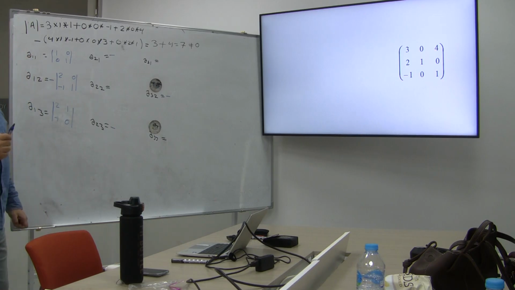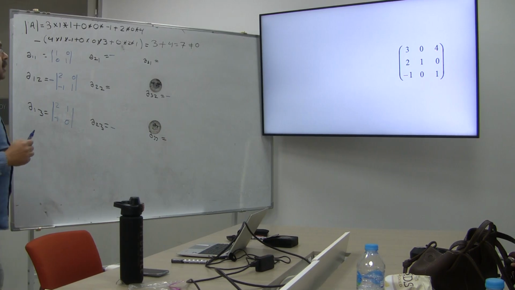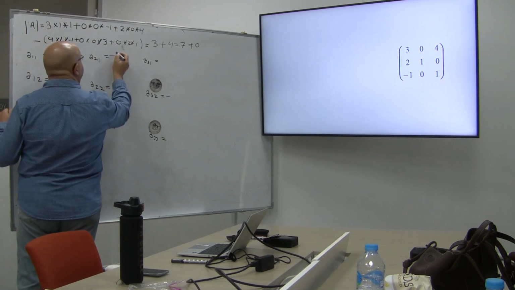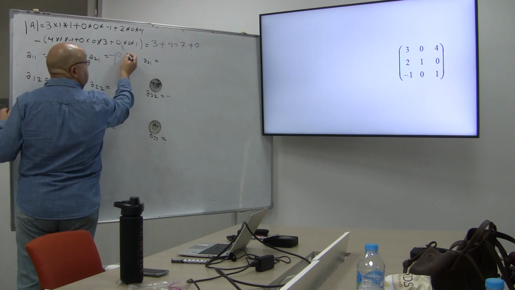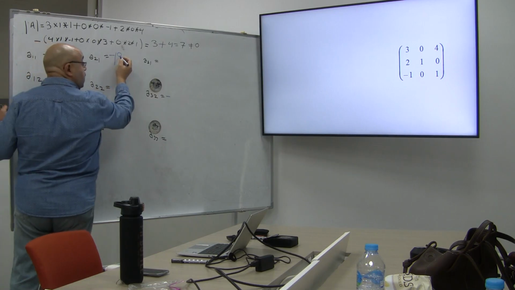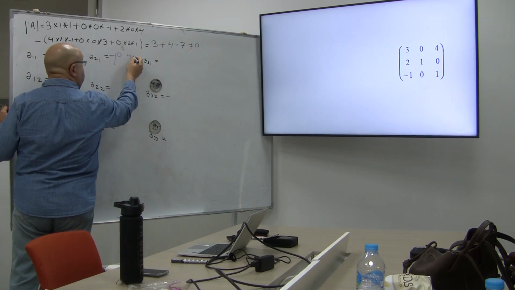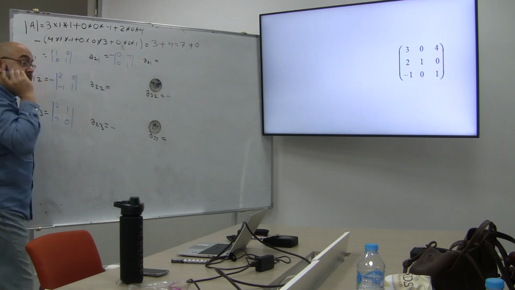Okay, I will go for 2 and 1. Second row, first column. Eliminate both of them. The remaining numbers are 0, 2, 1, 0, 4, 1, 0, 0 and 1.